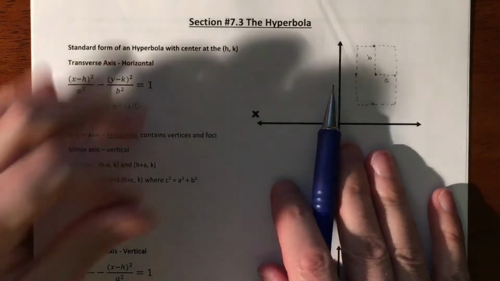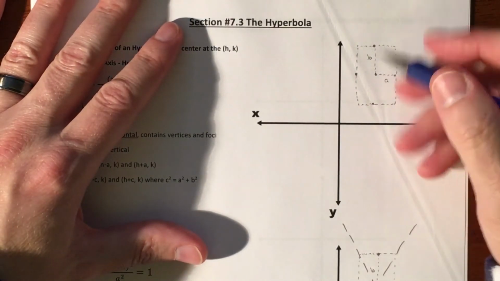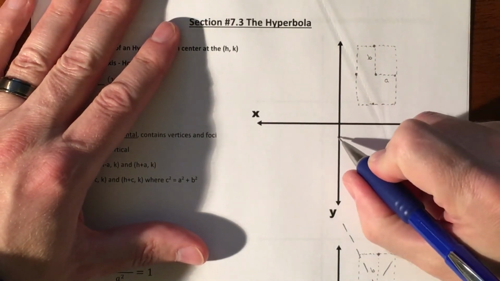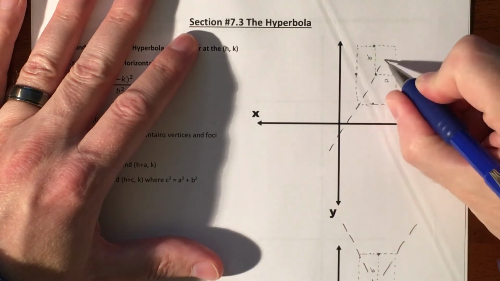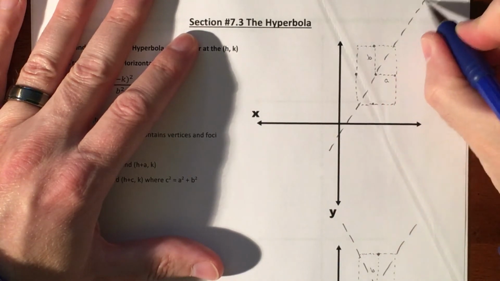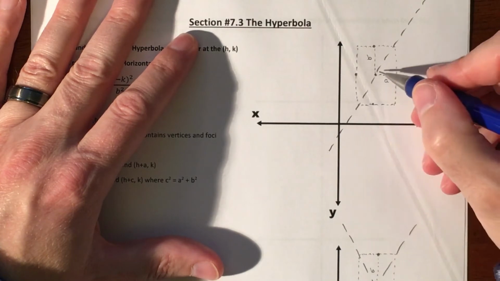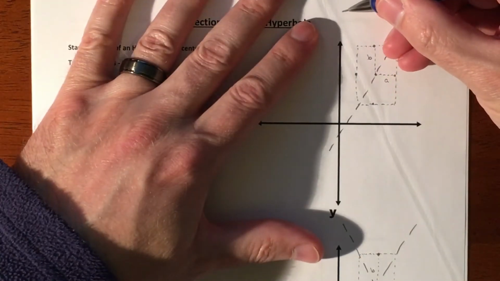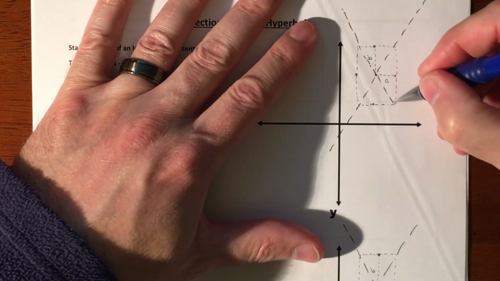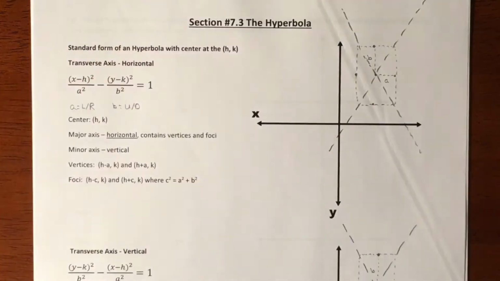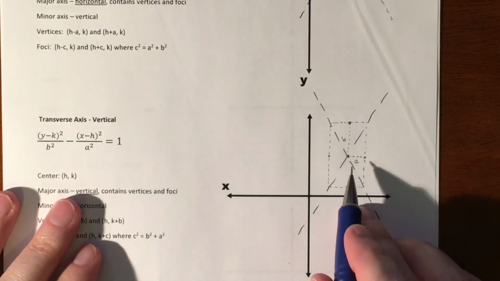So what does that mean? Well, once you draw your box, the box helps you line up asymptotes. You make an asymptote from corner to corner through the center, and then you make another asymptote corner to corner through the center. I have that drawn on both pictures.